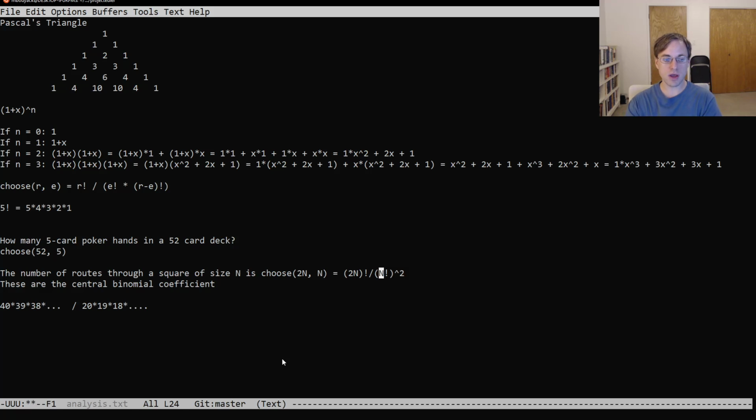And in particular, we can do this per prime. That is, we might take the first prime 2 and look at how many times 2 divides 2n factorial. And then look at how many times 2 divides n factorial squared. And subtract one from the other, and that gives us the exponent of 2 in the prime factorization of our answer.